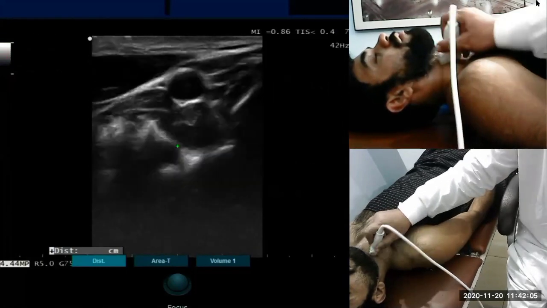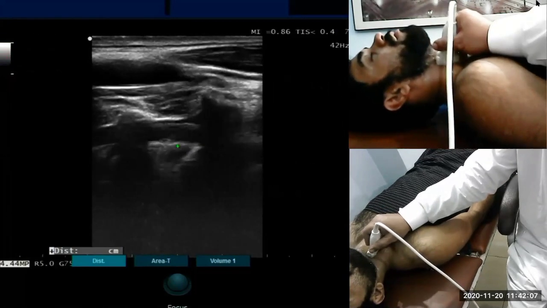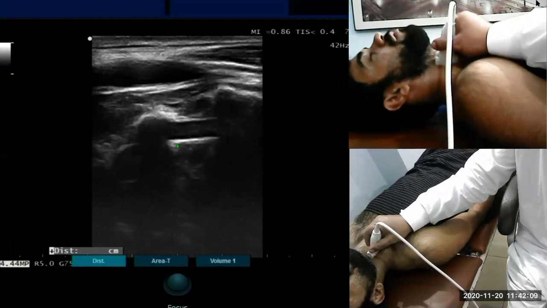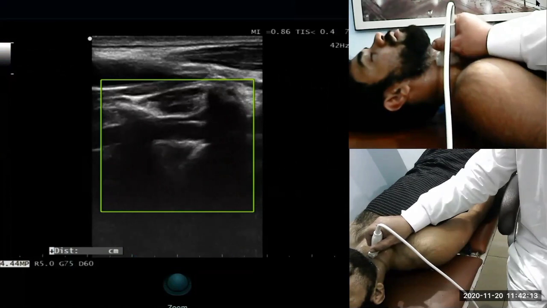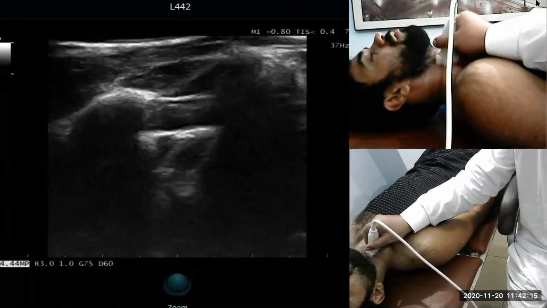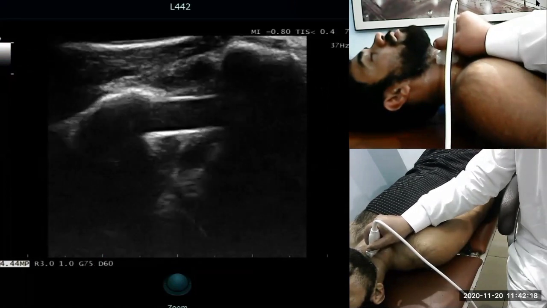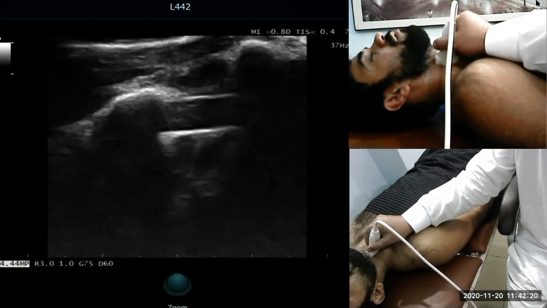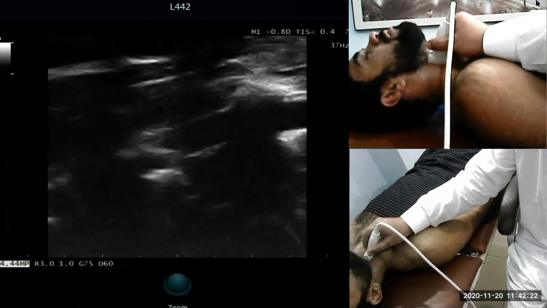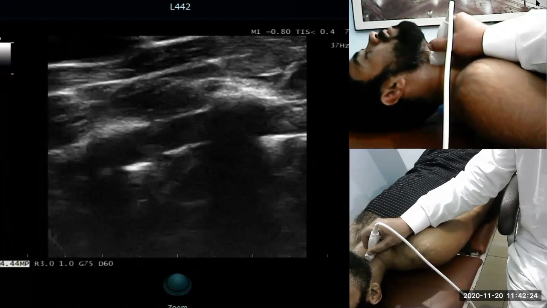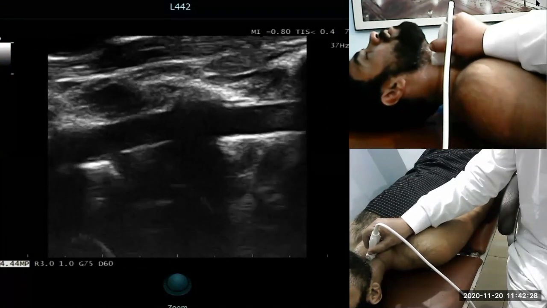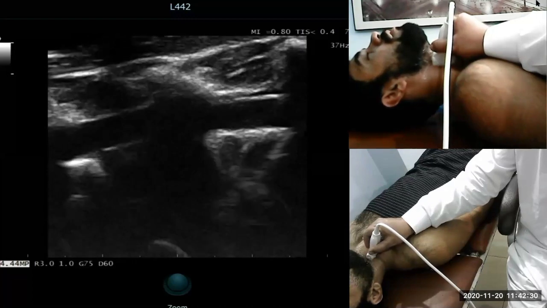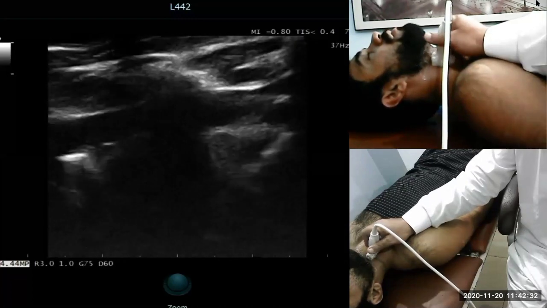Mostly in elderly, it is difficult for us to see such a nice vertebral artery as you are looking upon here. And we just have to determine the normal pattern of flow.